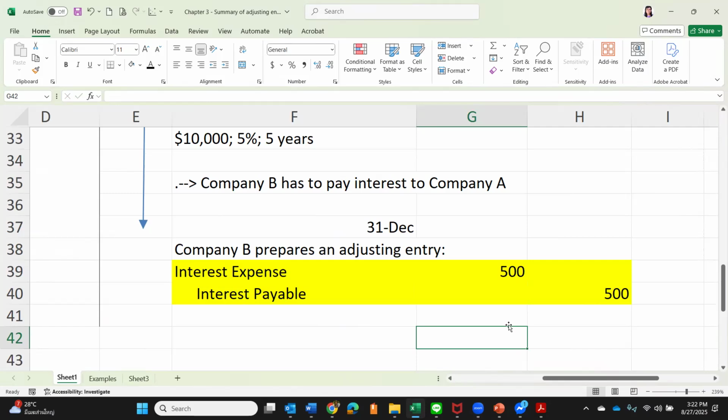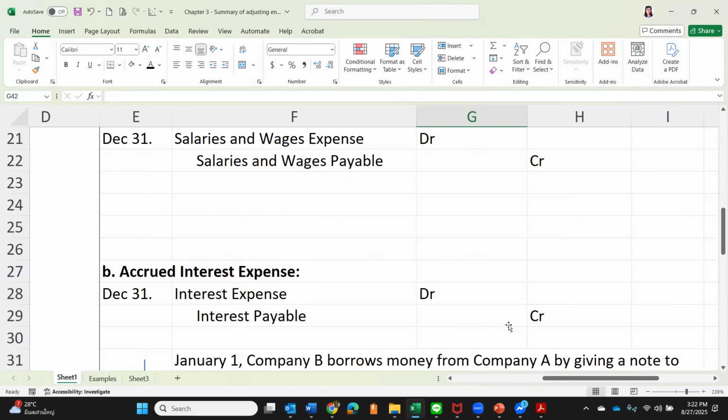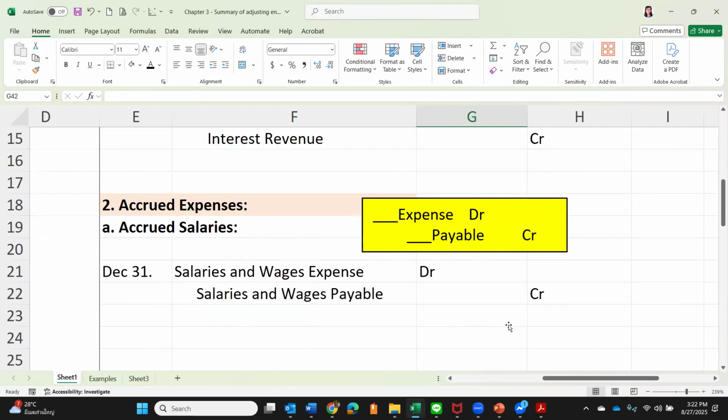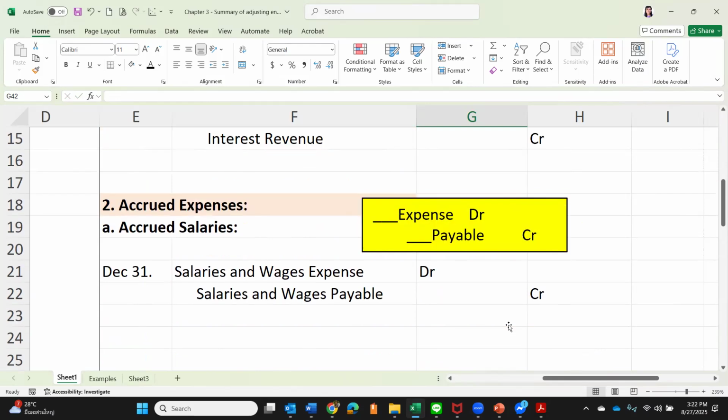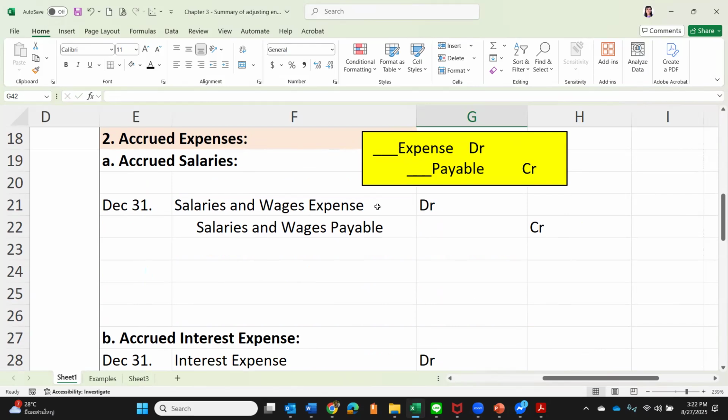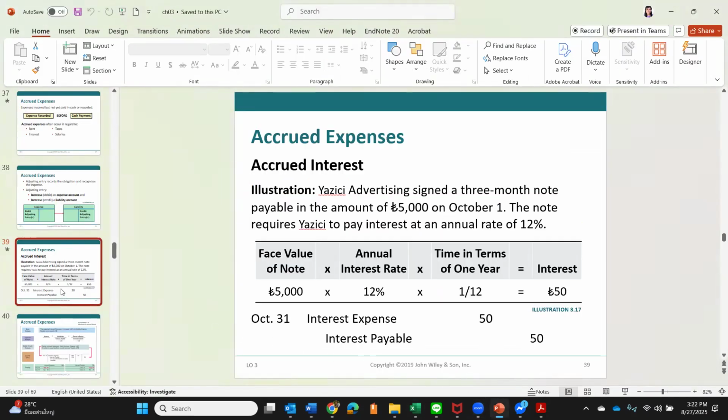All right, now let's go to another accrual expense, which is accrual salary. For accrual salary, we're going to debit salary and wages expense and credit salary and wages payable. Now let's look at the example here.